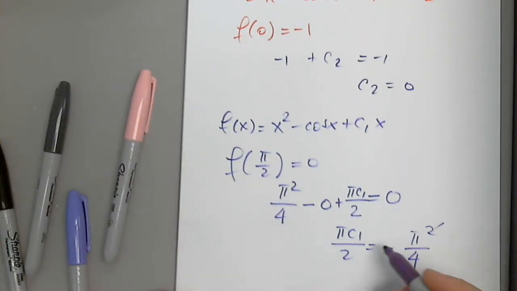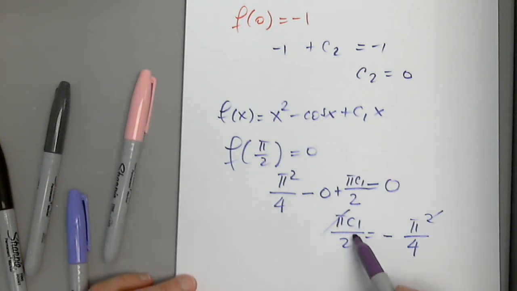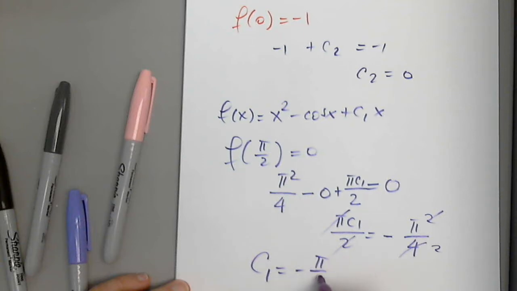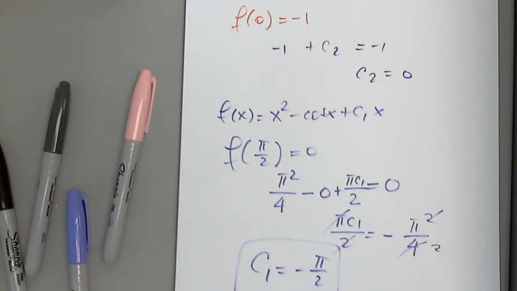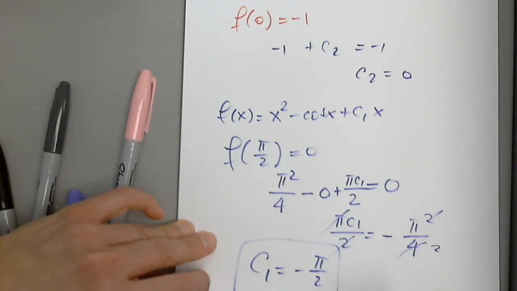Okay. So I'll simplify by pi, both sides. Multiply both sides by 2. So then C1 equals negative pi over 2. I divide both sides by pi, and I multiply both sides by 2. So C1 equals negative pi over 2. And now we have the unique function.